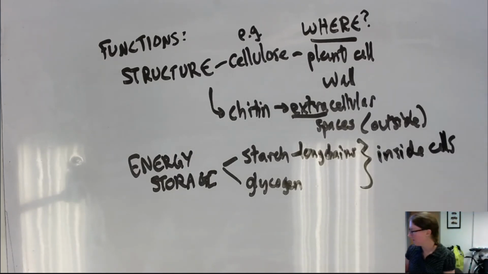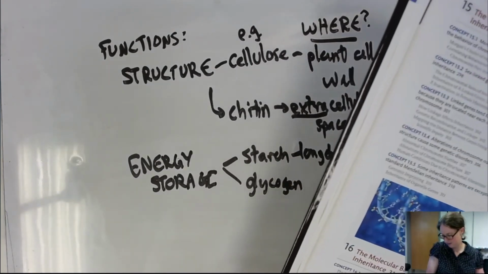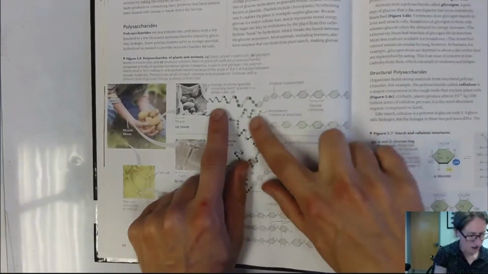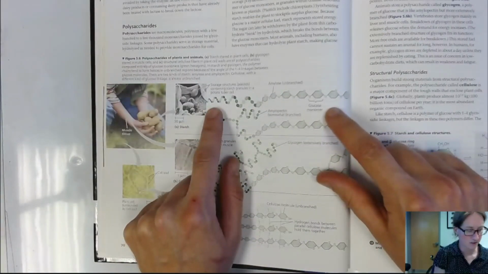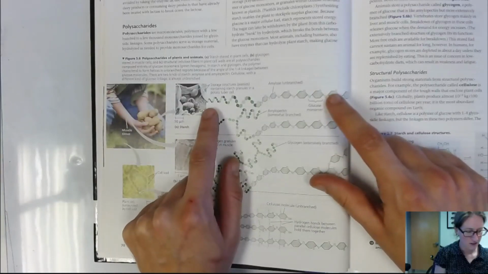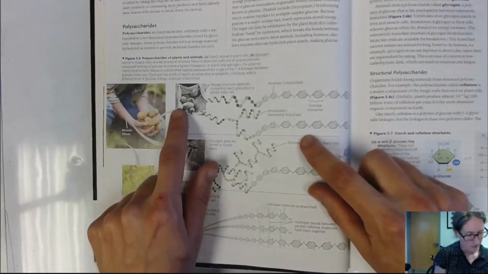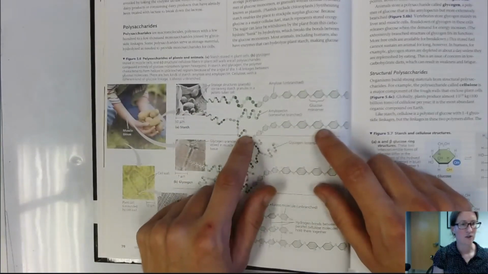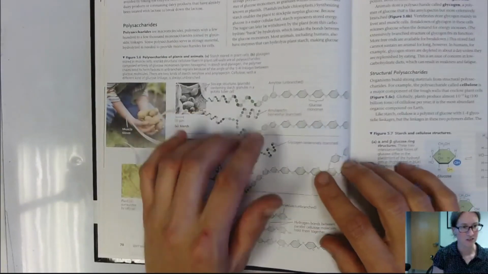So let's go back and look at these pictures of polymer possibilities. Okay, so up top here is an unbranched chain of glucose. So this is a storage molecule called amylose. No need to remember that name. Starch will also contain some partially branched chains of glucose, such as the amylopectin that's pictured here, but they're largely straight chain.